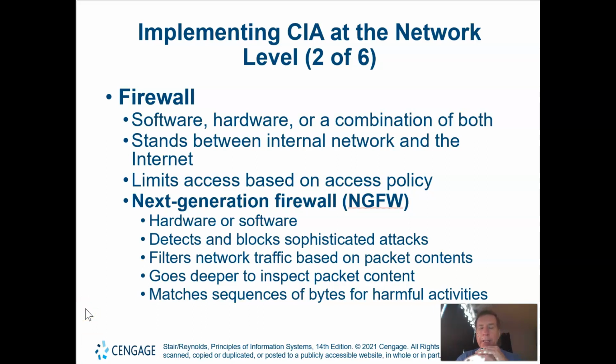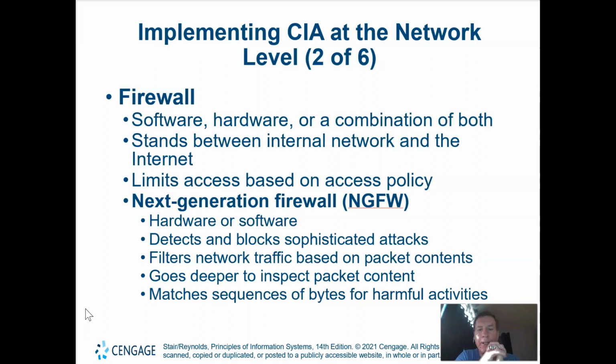The implementation of a corporate firewall system would be software, hardware, or a combination of software and hardware for a firewall that stands guard between the organization's internal network and the external network. So you'll have your firewall between the external and the internal. The firewall sits right here.